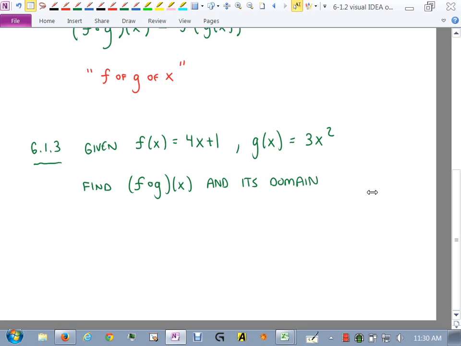All right, so let's just grind this thing out. I'm going to first draw a quick picture showing what's happening. And when I say quick picture, this is what I mean. X is going in. It goes into G first, right? Comes out as G of X. That now goes into what?